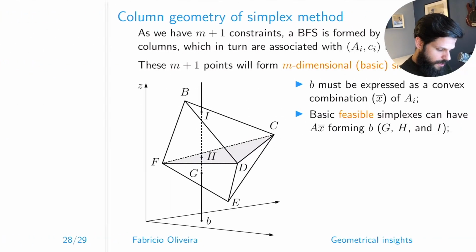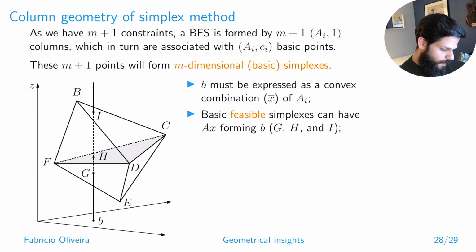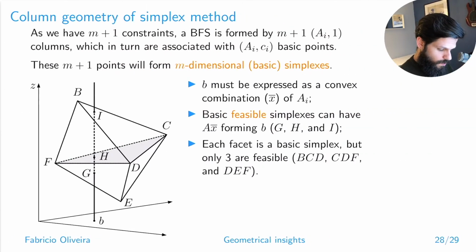So notice the main difference between these three bases is the point at which they intersect B in relation to the axis associated with the objective function value, right?